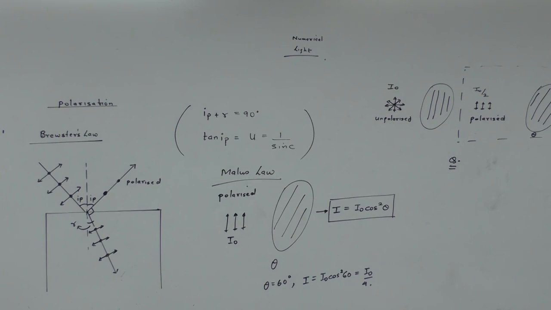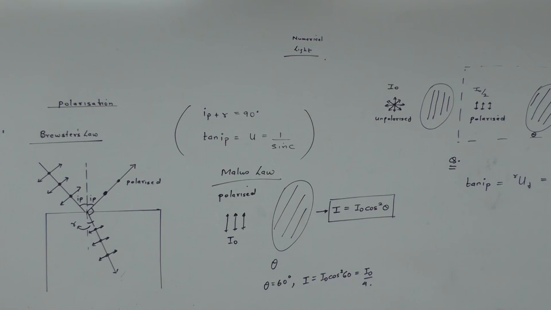So pay attention here please. Tan IP is mu, mu of denser with respect to rarer. Right? Can I write this formula in terms of separate mu, as mu d by mu r? Mu 1 2 is mu 2 by mu 1.